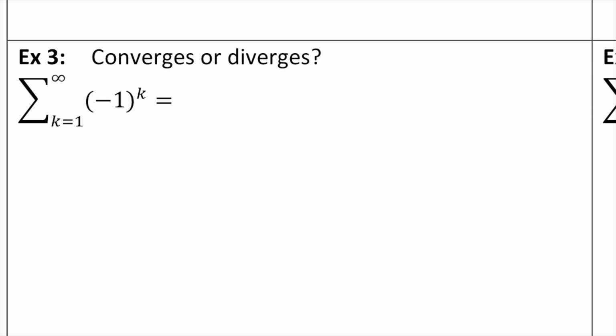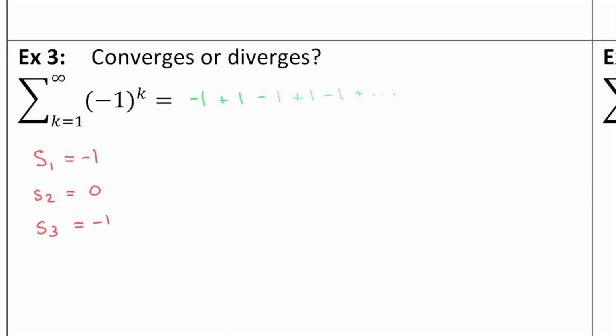So if we were to write this out so that we can recognize our terms, we have -1 plus 1 minus 1 plus 1 minus 1, and that goes on and on until we get to infinity. So if we look at our partial sums, S1 is going to be -1. S2 is going to be equal to 0.